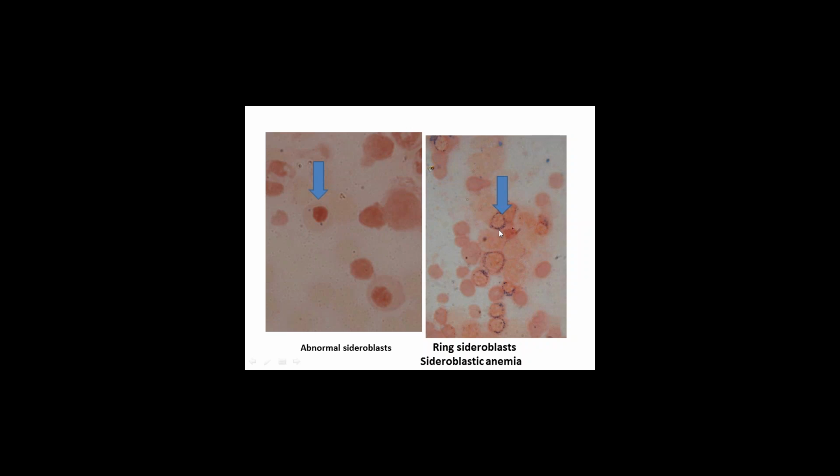That is the classical definition that is given. And ring sideroblasts are seen apart from congenital sideroblastic anemia. They are seen in MDS, and more than 15% ring sideroblasts is the criterion for classifying it as refractory anemia with ring sideroblasts.